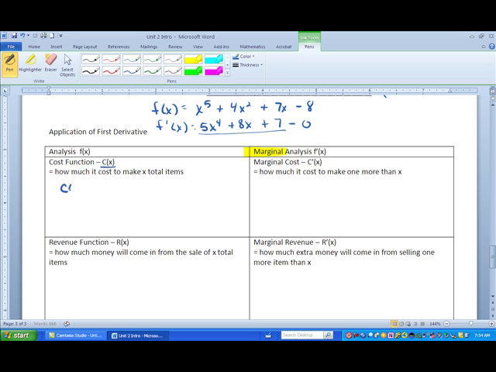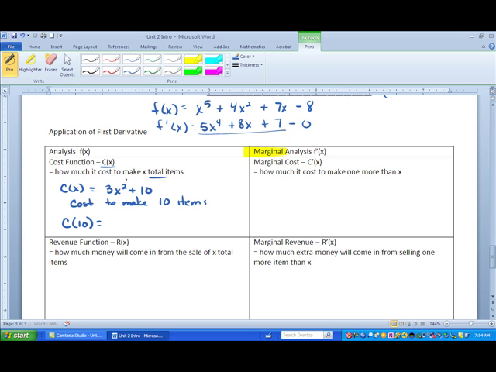So if, for example, my cost function is 3x squared plus 10, and I want to know how much it costs to make 10 items, it could be 10 bicycles, 10 whatever, then we're simply going to plug 10 into 3x squared plus 10, and we're going to know our total cost.